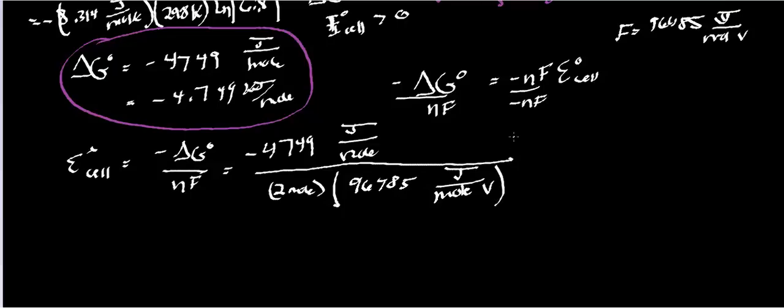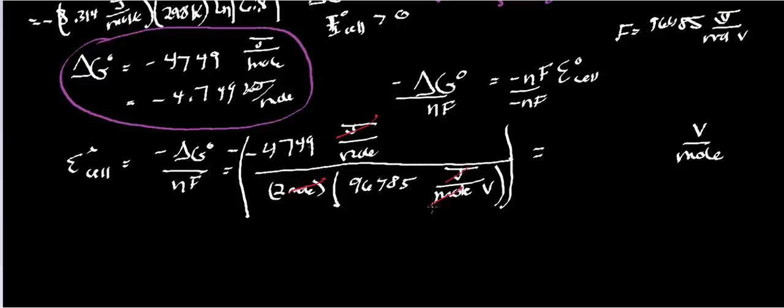Now notice here, the joules cancels. This mole cancels with this mole. And so ultimately, I'm going to get units of volts per mole. Now remember, all of this is multiplied by -1, because it's negative delta G over NF, and delta G is -4749.